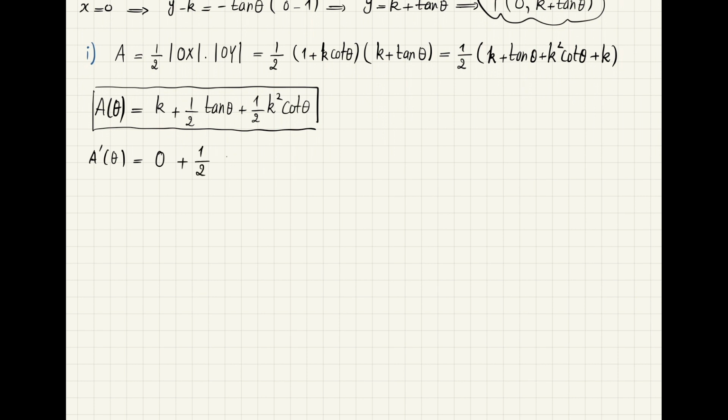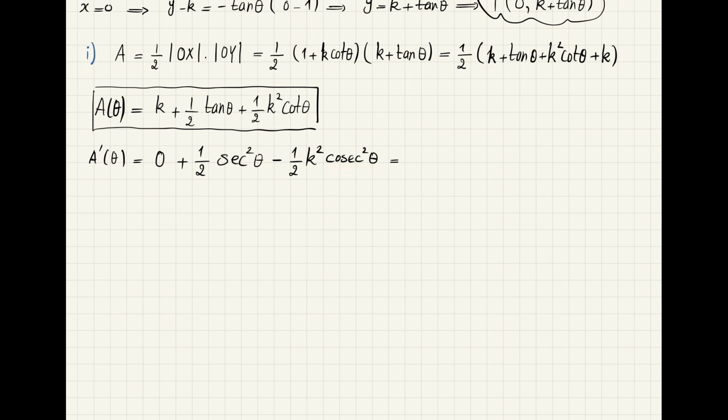The derivative of tangent is secant squared theta, and the derivative of cotangent is minus cosecant squared theta. So if you don't mind, let me clean this and make it negative, and then I can simply write cosecant squared theta. Okay, and I would prefer to write it in a little different way. So I factor 1/2 and cosecant squared out.